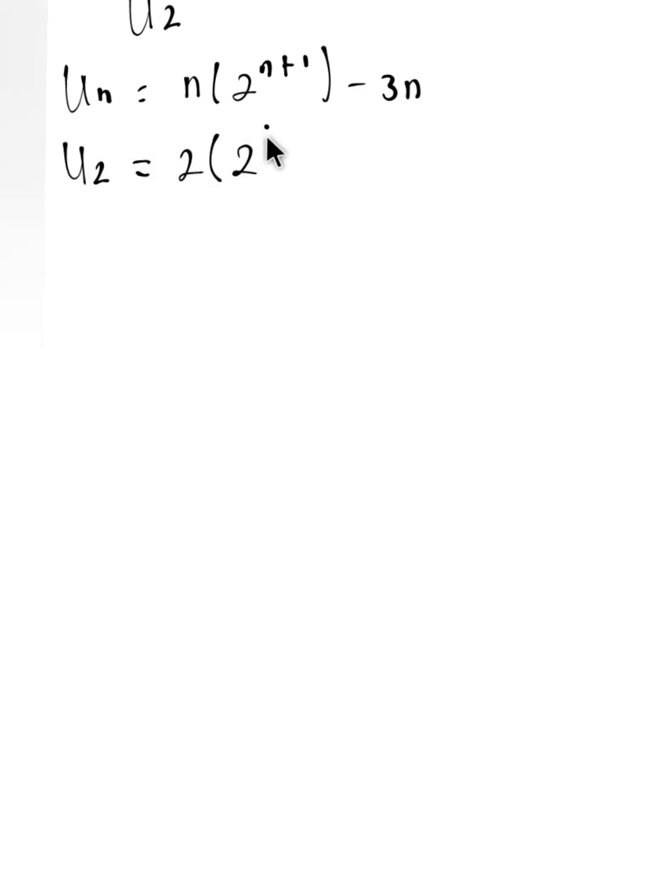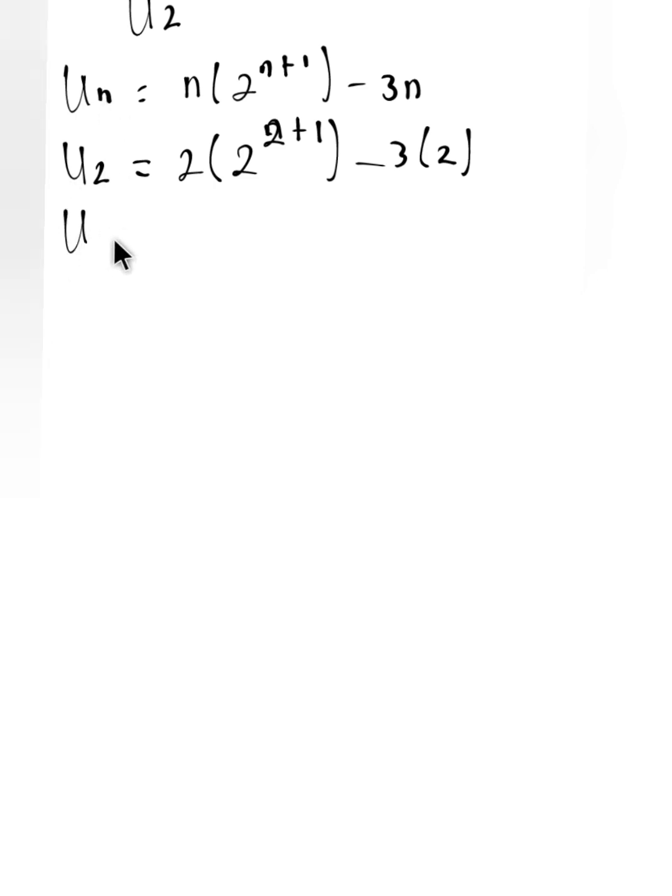u2. Recall that un is equal to n times 2^(n+1) minus 3n. So u2 will be equal to 2 times 2^(2+1) minus 3 times 2. Remember that we're going to substitute 2 in place of n.